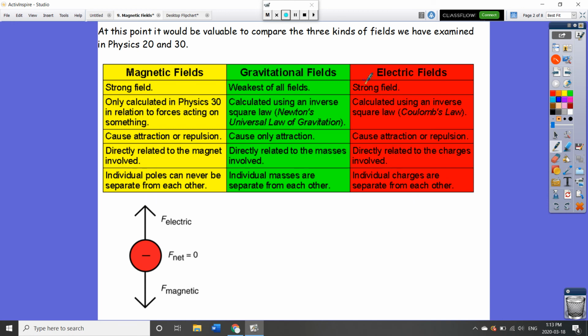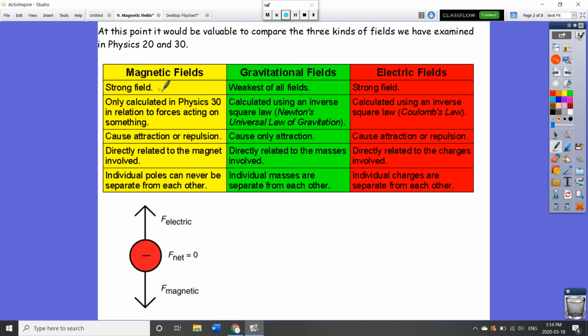So an electric field, again, we use a positive test charge to define it. In a magnetic field, we use just a compass. So our compass needle is the definition of the direction of a magnetic field. So I put that compass in that magnetic field. The direction that that compass needle points is the direction of the magnetic field. So that's how we define magnetic fields.